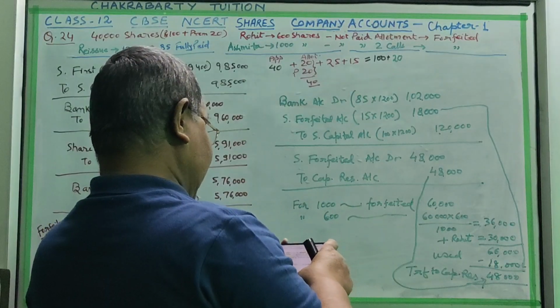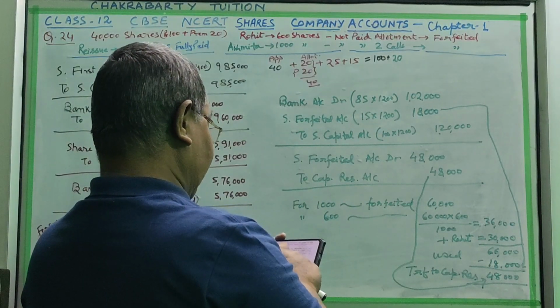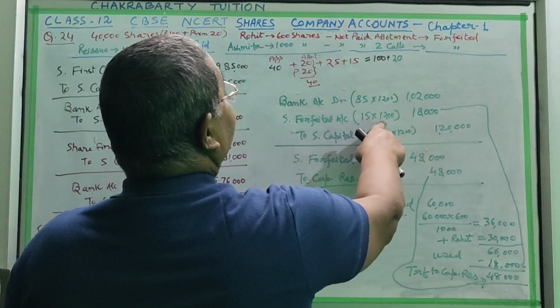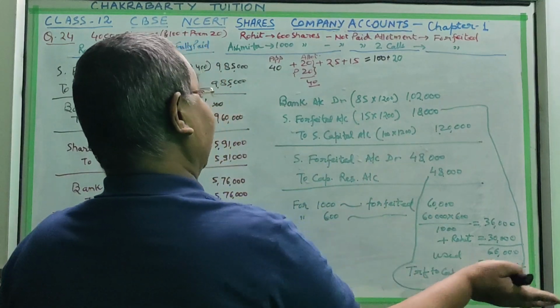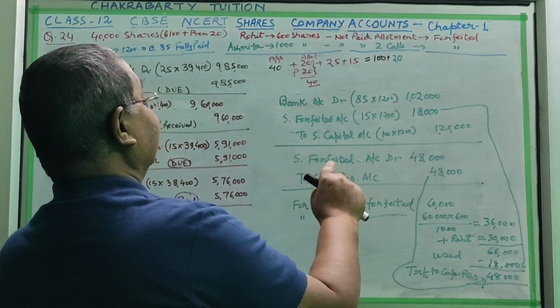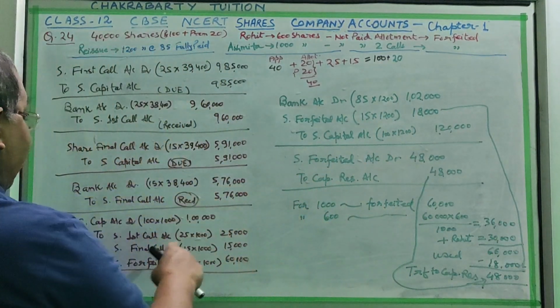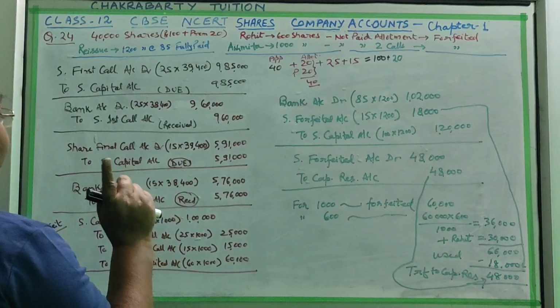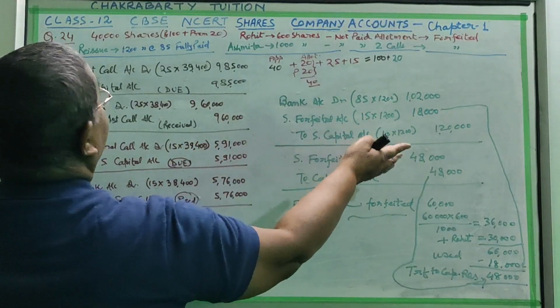The whole of Rohit's shares are included in these 1200 shares. It means the amount forfeited from Rohit will be fully used here.